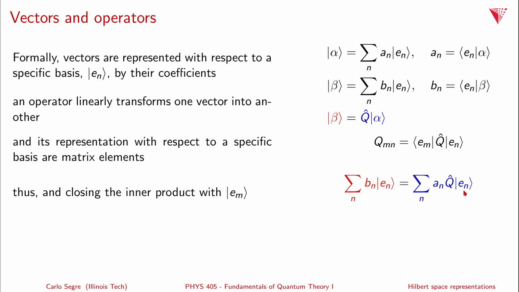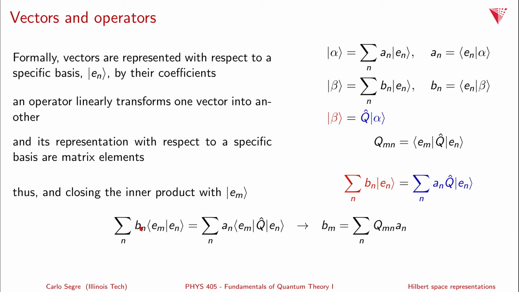If we now close this inner product with E sub m, then we get, for the first part on the left, the sum over n, B sub n, E sub m, E sub n. Then you have, on the right, the sum over n, A sub n, E sub m, Q, E sub n. Well, this is just Q sub mn.